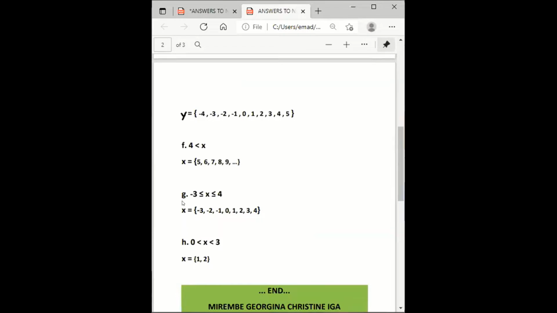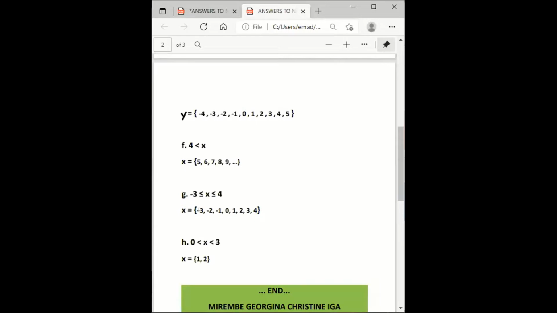Moving to this one, G, we have x is greater than or equal to -3 and less than or equal to 4. As I said earlier, if the symbol in between, for example, x and -3, has a bar below, it means our solution set has to start with that very number.